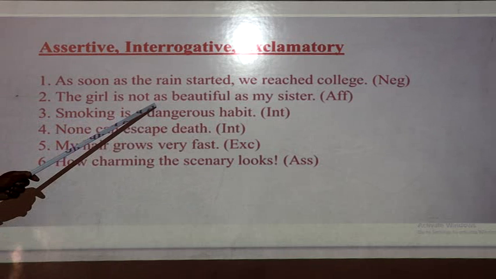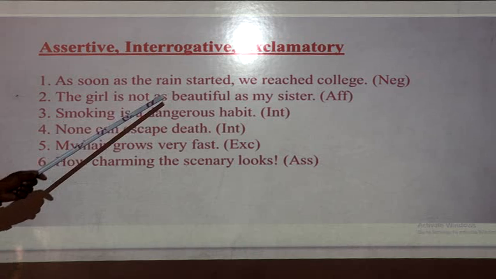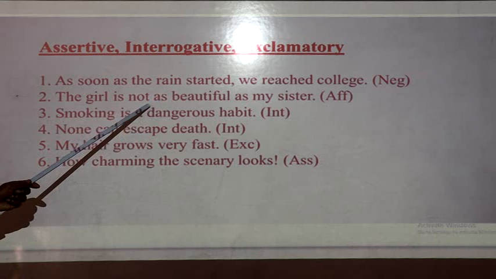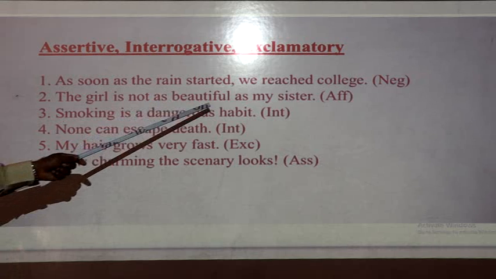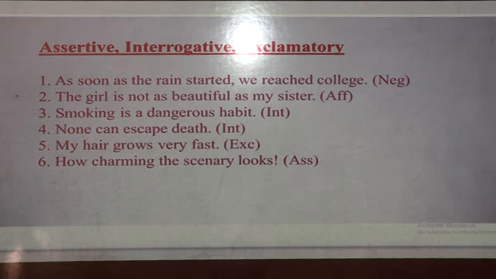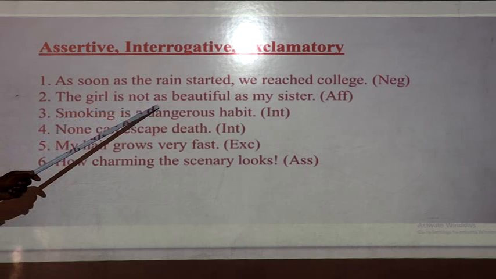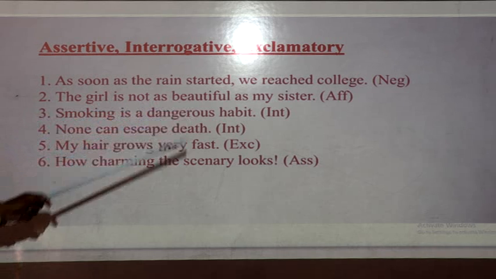In place of not as, we have to use less, and in place of this as, we have to use than. Then it will become comparative form or comparative degree. It is also affirmative sentence. The girl is less beautiful than my sister.